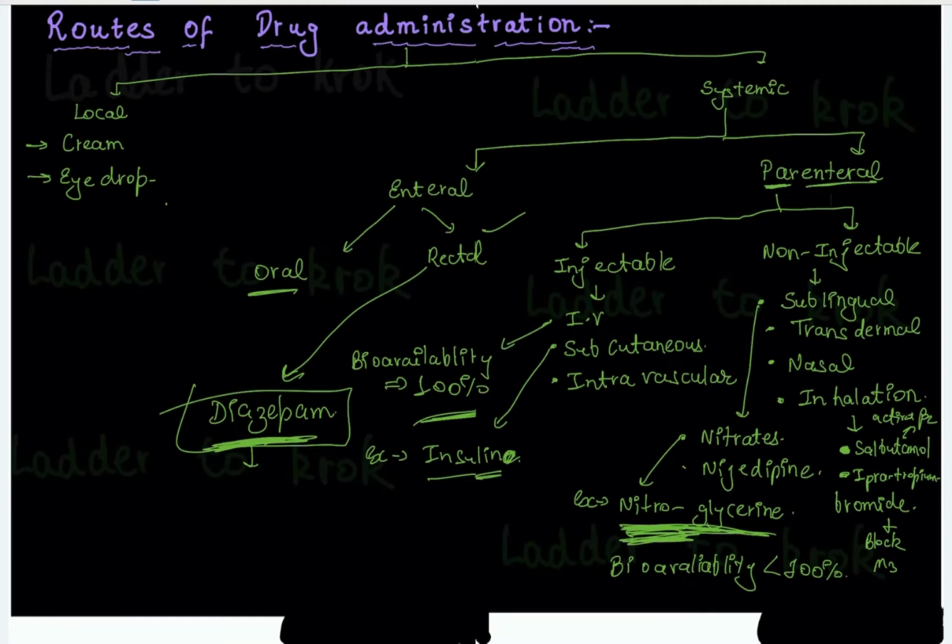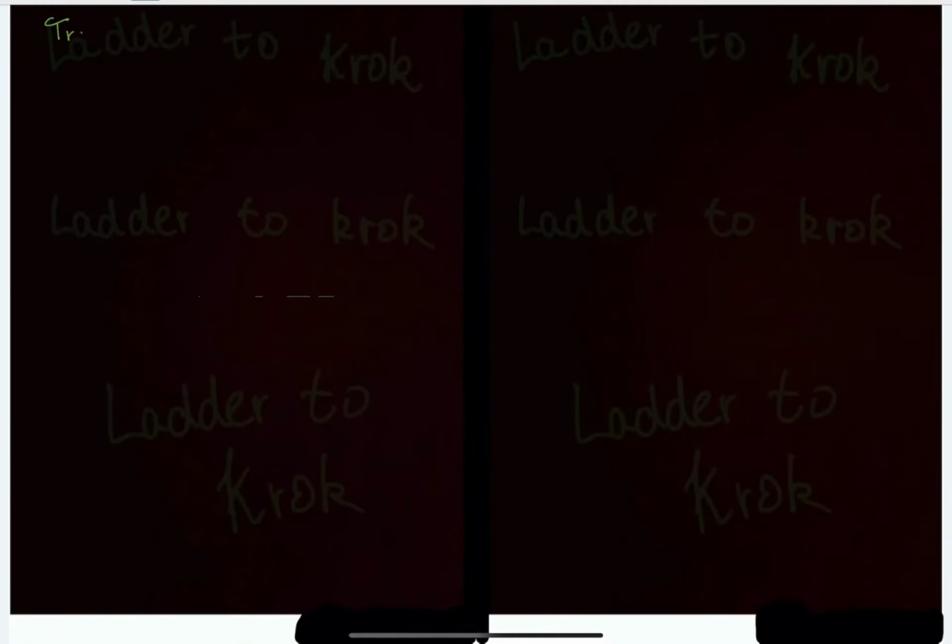Now transdermally we can give drugs. Sometimes we put patches behind the ear. We give a drug to be absorbed from behind the ear, and we put those patches, like scopolamine. For what do we give this?